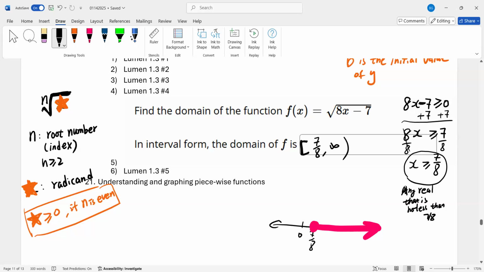Is that clear, guys? In summary, when you see a radical function, if you do not see a root number, that means the root number is 2. So you are looking at a square root function. For a square root function, the radicand cannot be negative. So you copy the radicand and make it bigger than or equal to 0. 0 is fine, but it cannot be negative.